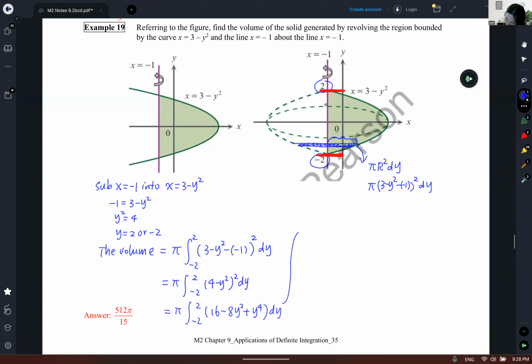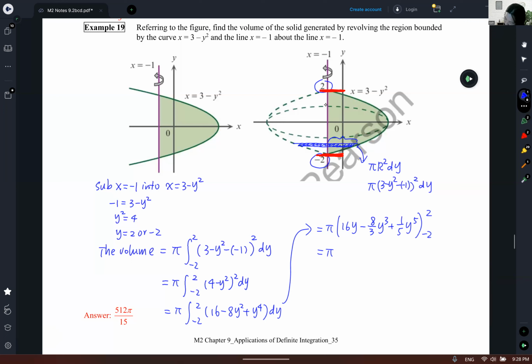And then equals pi [16y minus 8 over 3 y cubed plus 1 over 5 y to the power 5] from -2 to 2.